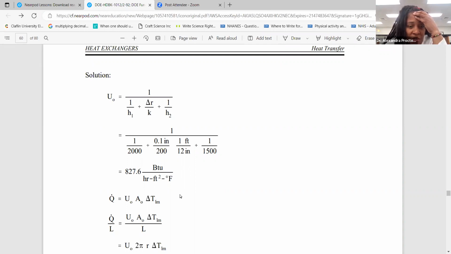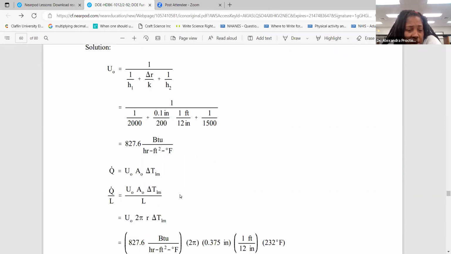Now that you have that U, you can also go into the equation for Q, which is Q is equal to U sub 0, A sub 0, delta T LM. Q over L, so they divided both sides by L, is equal to U 0, A 0, delta T LM.